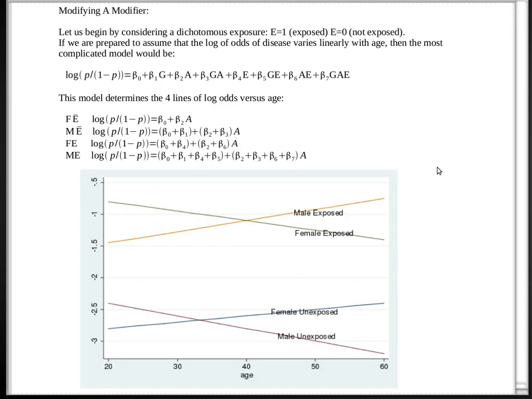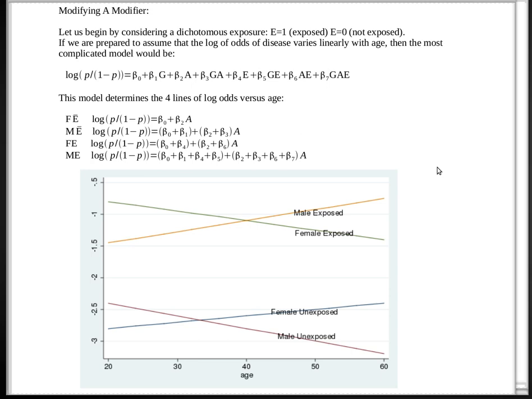So here we've got a hypothetical, admittedly, circumstance in which we have, on the vertical scale, the log odds of disease, and on the horizontal scale, we have age. Now, this looks pretty complicated, but let's see if we cannot gain some appreciation for what's going on here.